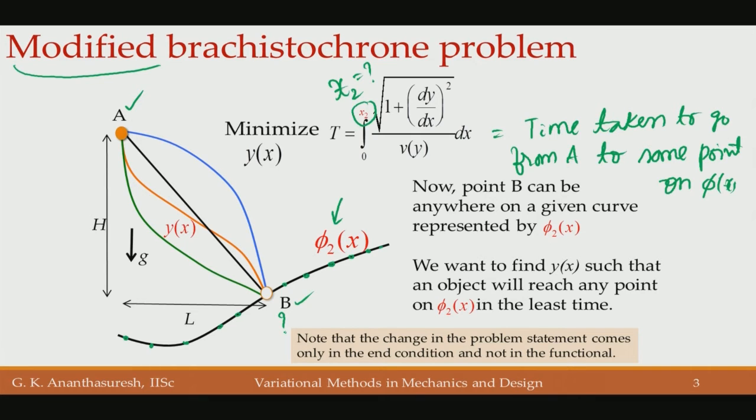Okay. And if you wanted to make it even more general, as I said, I can have one function there, let us call that phi 1 of x, again choose coordinate system, this is x axis and y axis is phi 1.